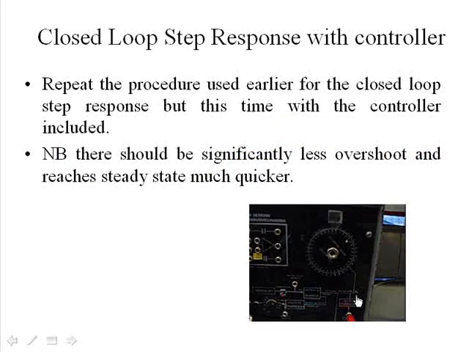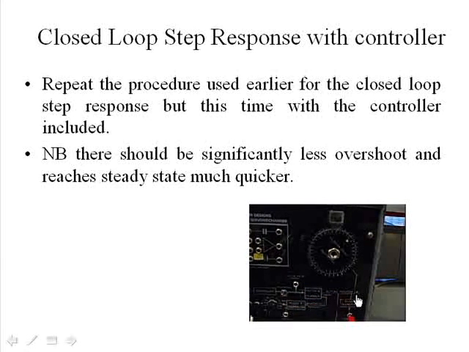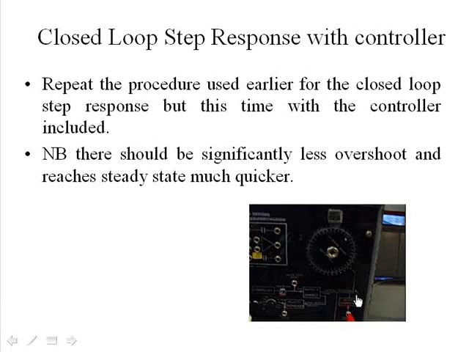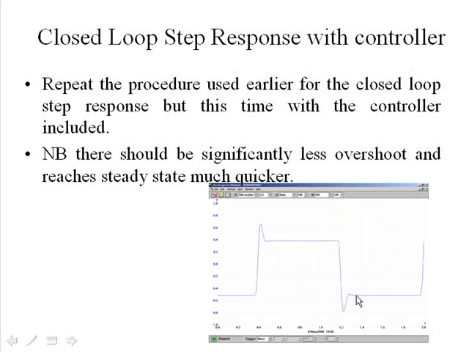Now when we actually look at the output response, we see a lot less overshoot. Indeed, if we look at the time response, you can see it settles down very nicely, not anything like the amount of overshoot we had before.